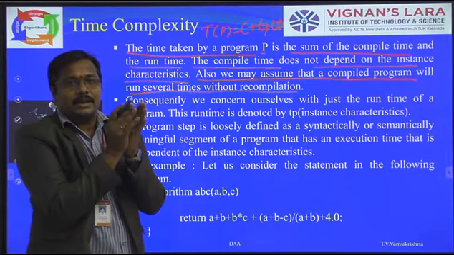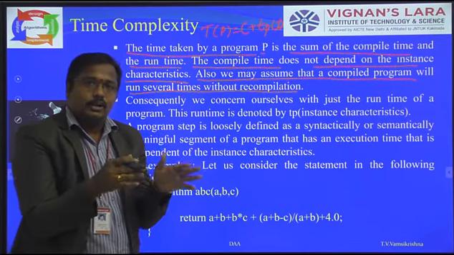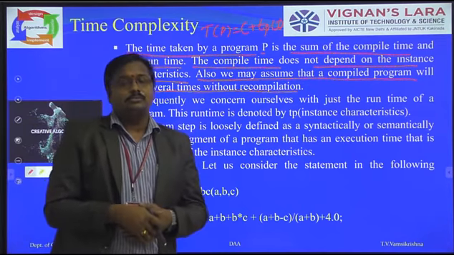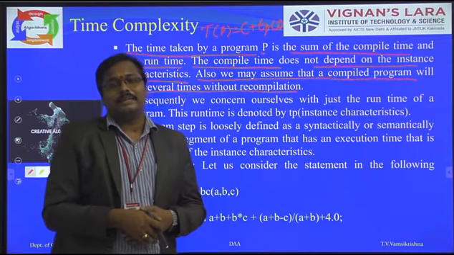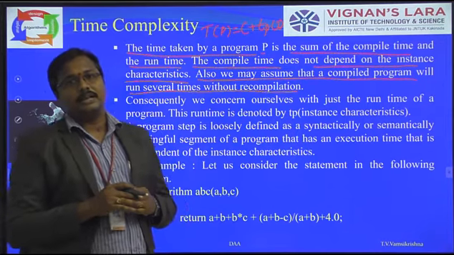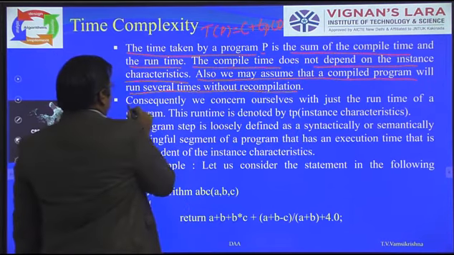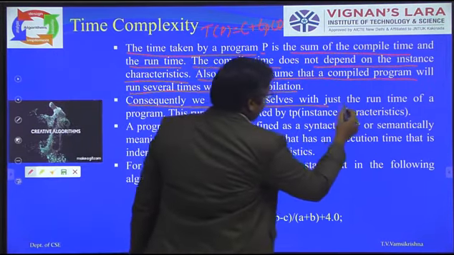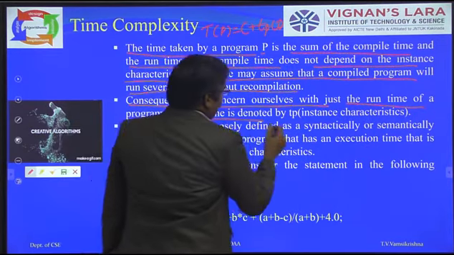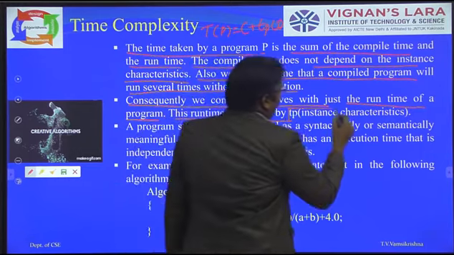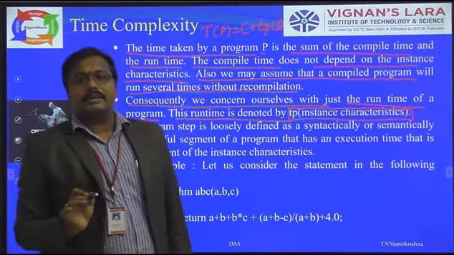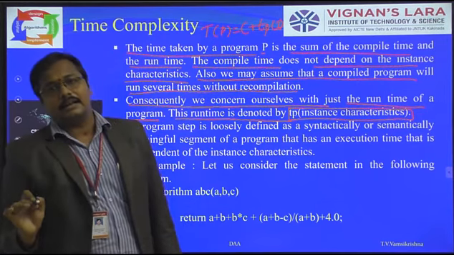Once the compilation is done, there is no need to compile again and again; directly we can run and execute the program. That's why we consider compile time a constant. Consequently we concern ourselves with just the runtime of a program, denoted Tp of instance characteristic. In the majority of cases we need to calculate the runtime.